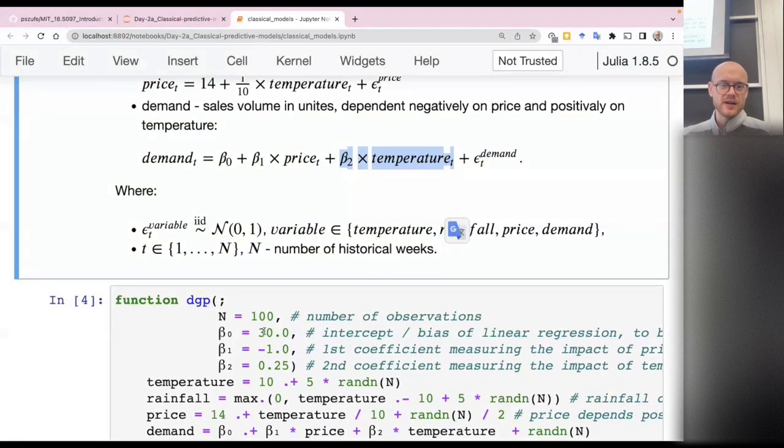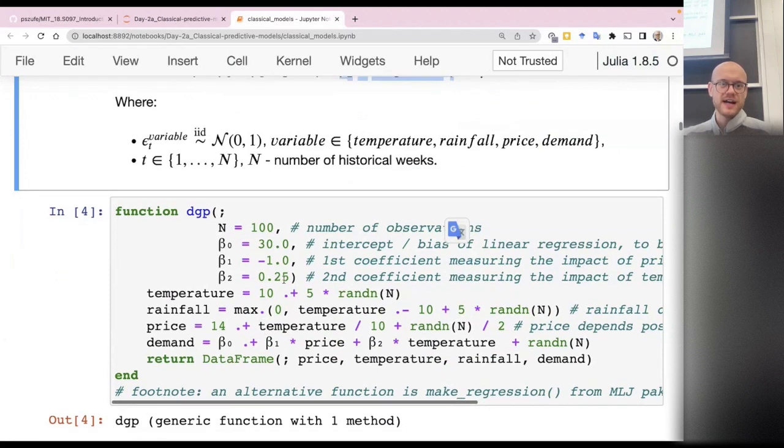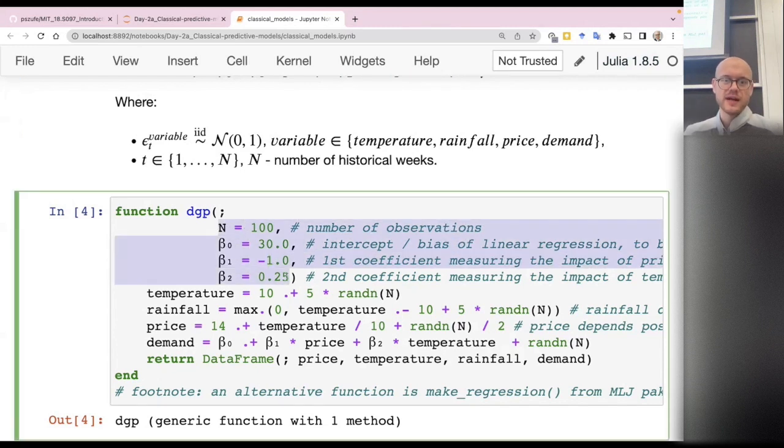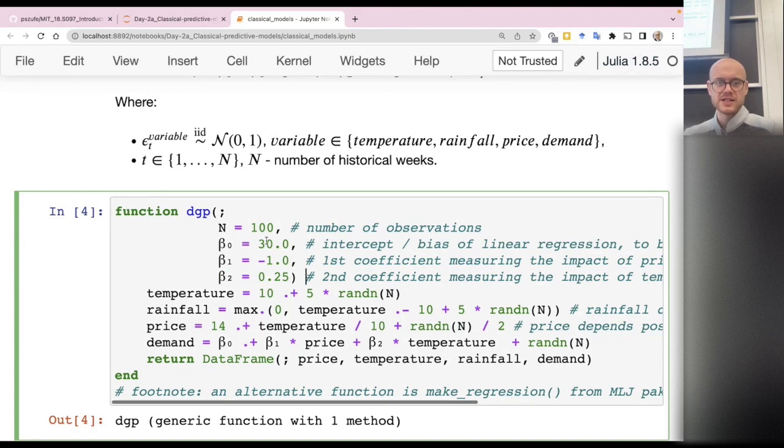And this is how we are here defining the Julia function called DGP, standing for data generating process, with the following arguments, having default values that we are not going to change, but you can experiment with other values. The first argument is n, standing for the number of data set observations. Here you can think of it as a number of weeks.